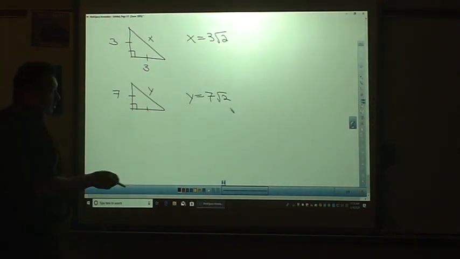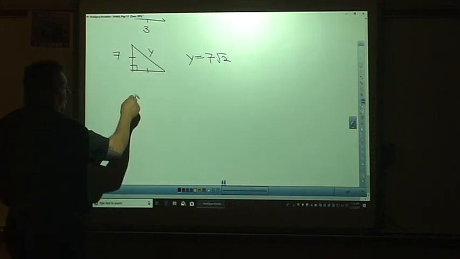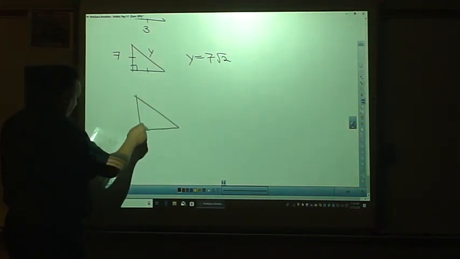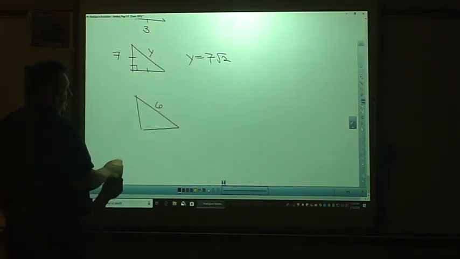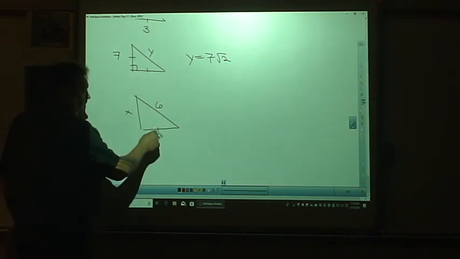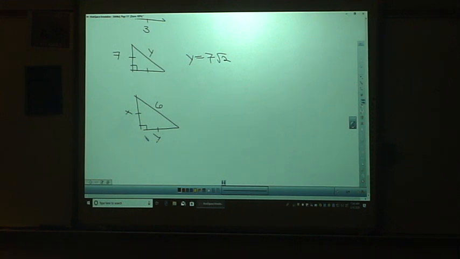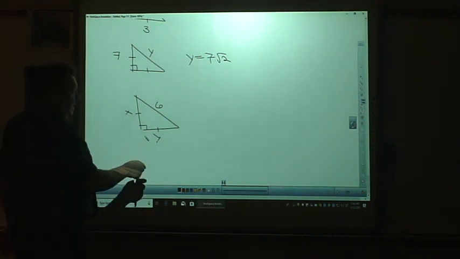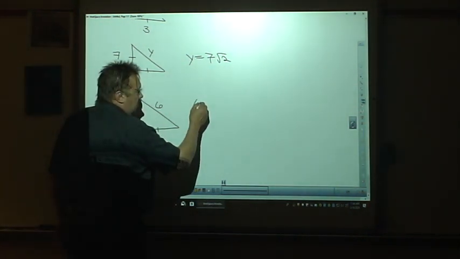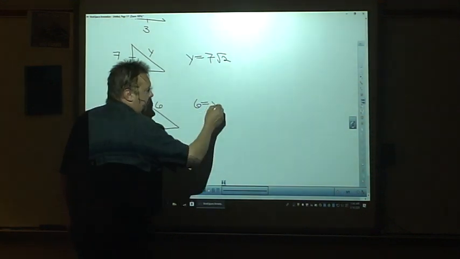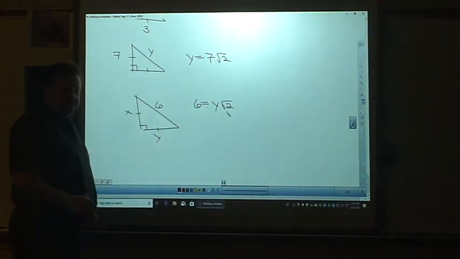Now, if you have the hypotenuse and not the leg, let's say for example I've got, this is 6. There's a little more work to it. What you want to do is set it up as an equation. So, I know 6 is equal to the leg times the square root of 2.